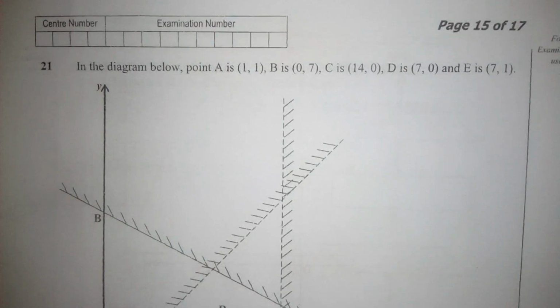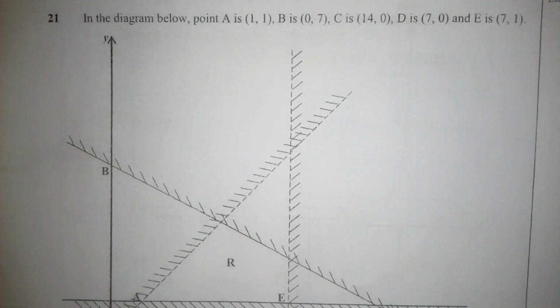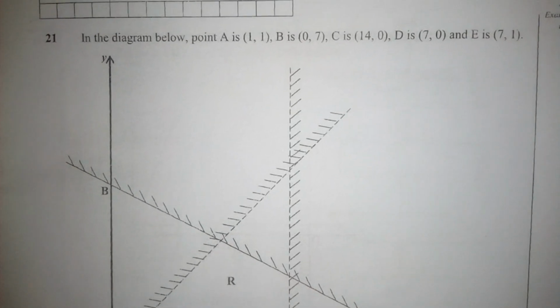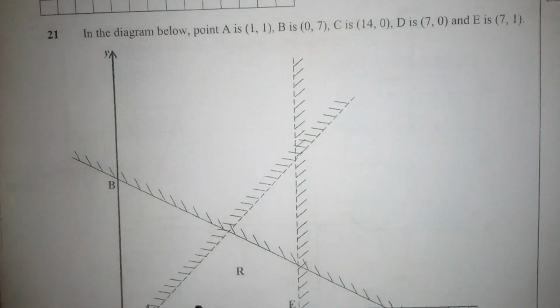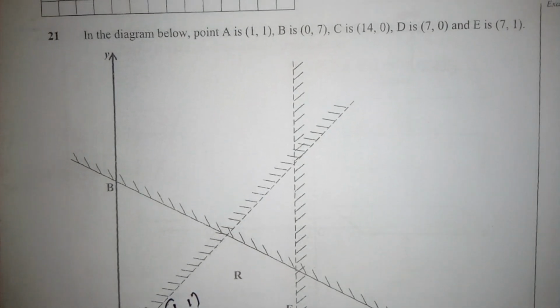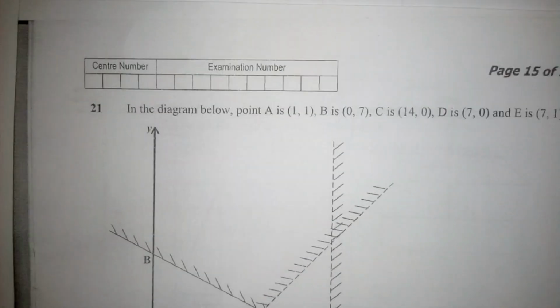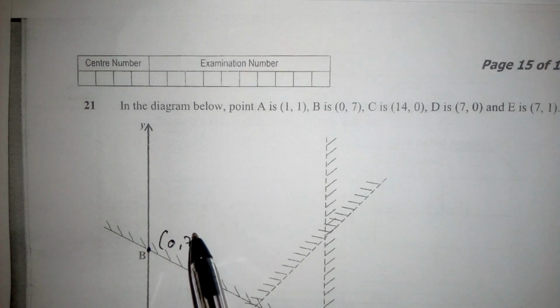So question 21 is on linear programming. So I've been given the coordinates. Let's try to identify the coordinates. Where is our A? Our A is here, and here they've said A is 1, 1. We go to our B. Our B is here, and they have said 0, 7.